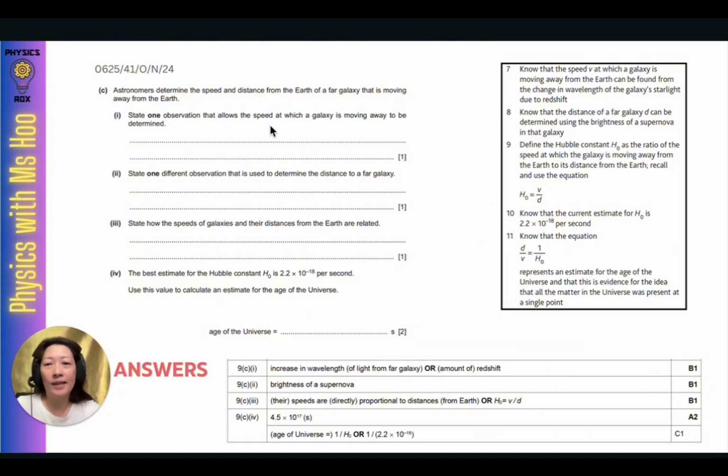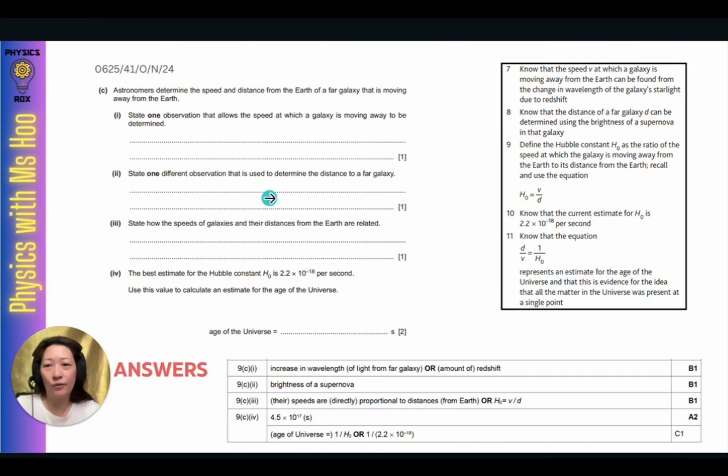You need to state the observation that allows the speed at which a galaxy is moving away to be determined. The answer to that can be found in point 7. The speed at which a galaxy is moving away can be found from the change in wavelength of the galaxy's starlight due to redshift. And as you can see, the answer in the mark scheme here is exactly that, the increase in wavelength of light from far galaxy or the amount of redshift.